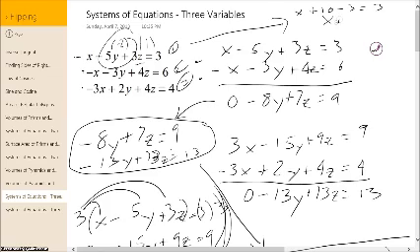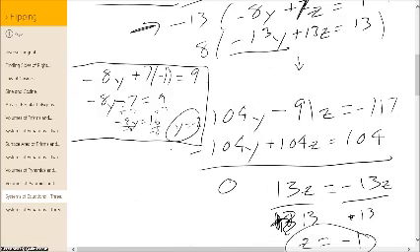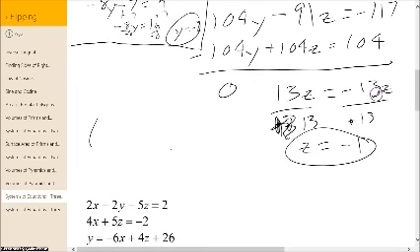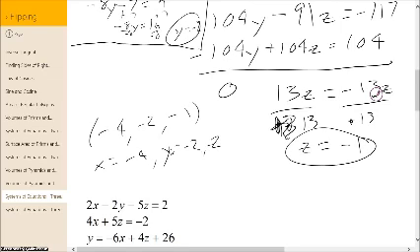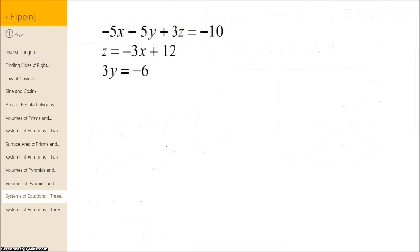So I get x plus 7 equals 3. Subtract 7 from both sides, x equals negative 4. So my final answer is going to be negative 4, negative 2, negative 1. Or I can say x equals negative 4, y equals negative 2, z equals negative 1. Okay, so now we're going to look at the substitution method.